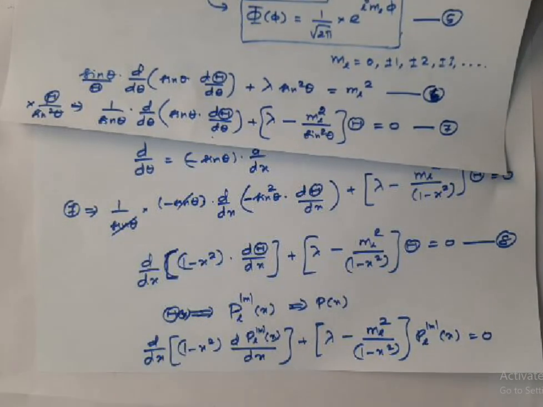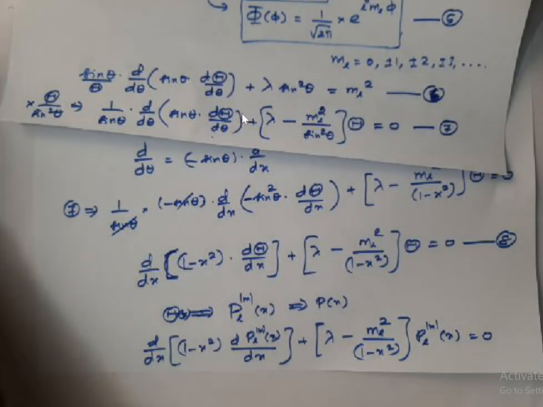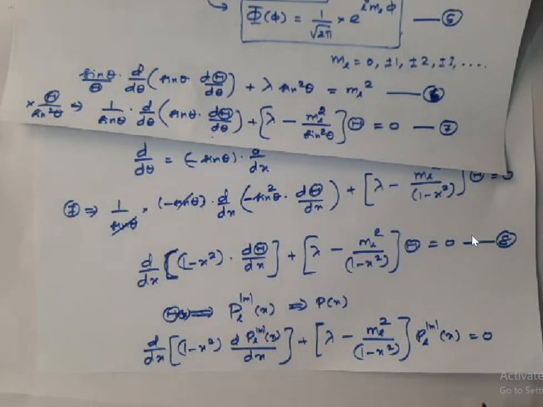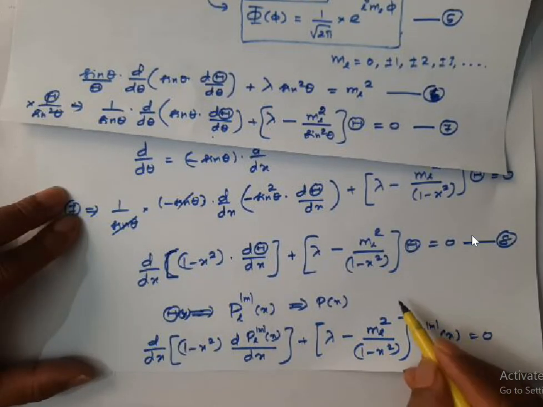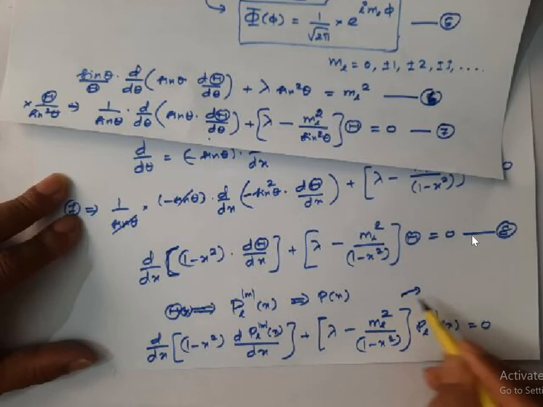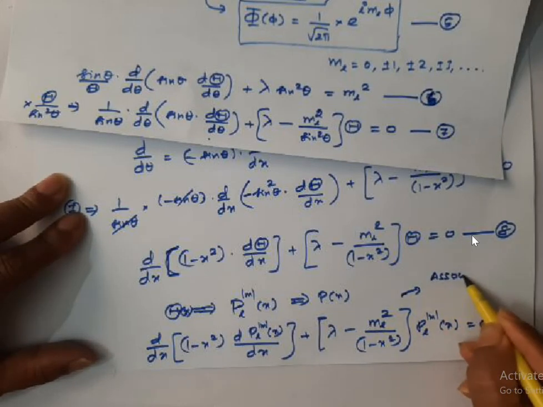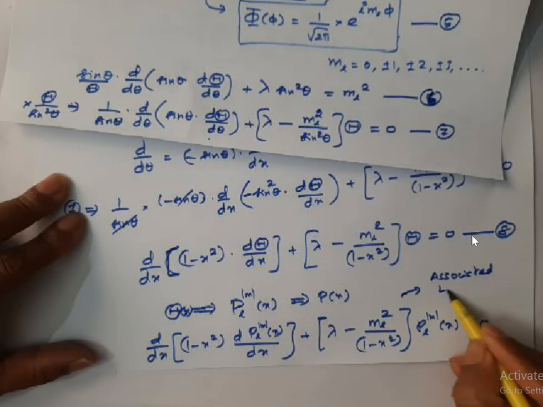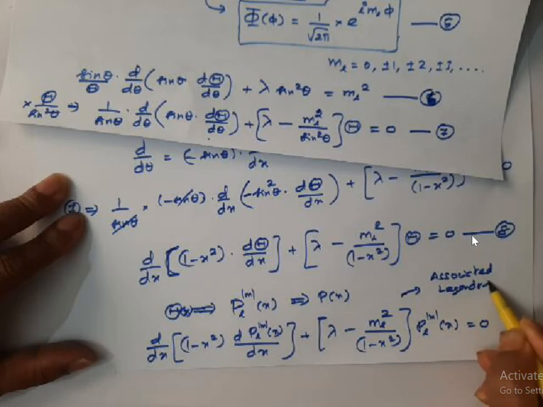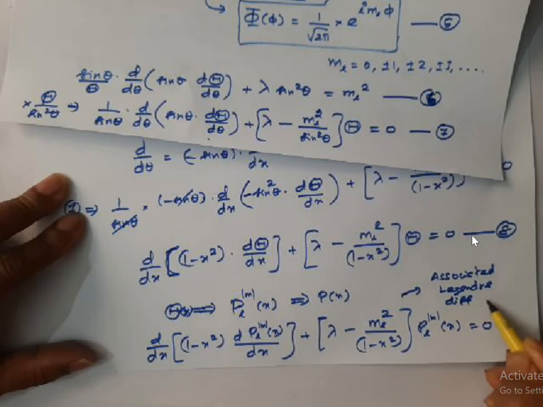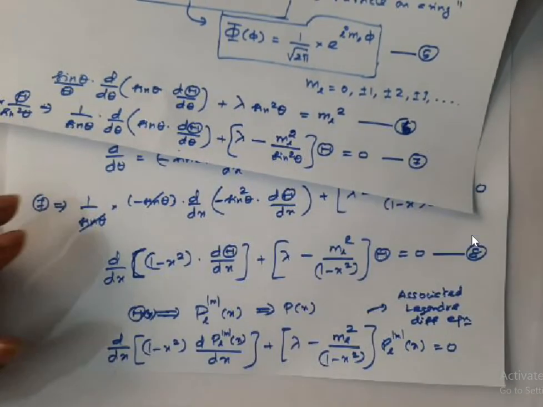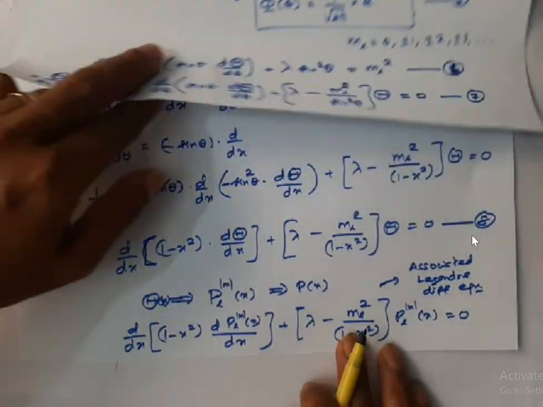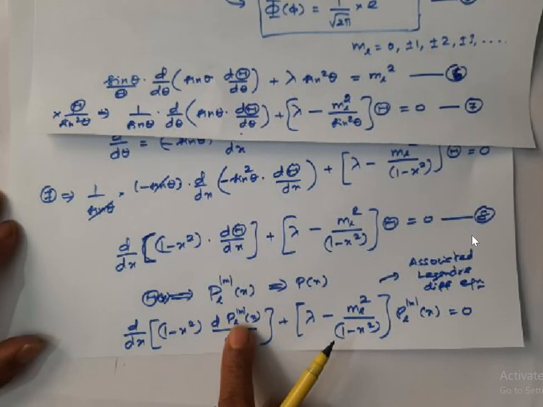I have brought it into a standard notation, and this is what we call the associated Legendre differential equation. If you solve this equation, you will get the associated Legendre function PL of m of x.